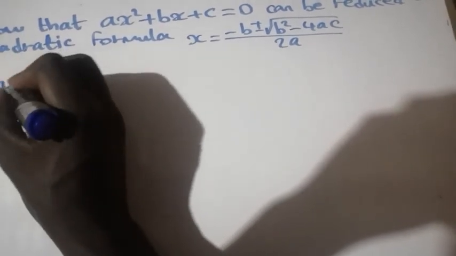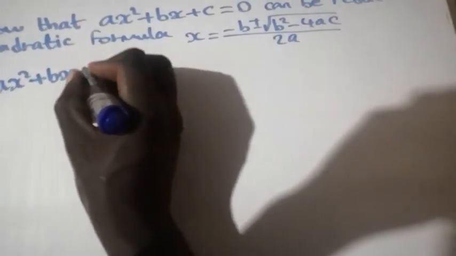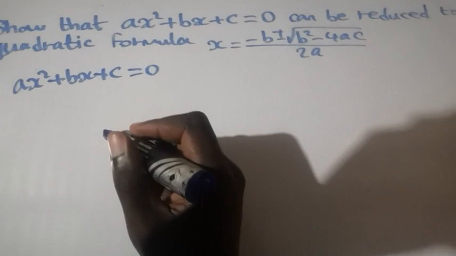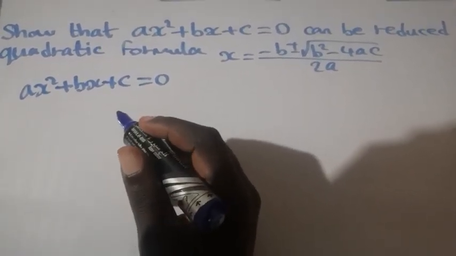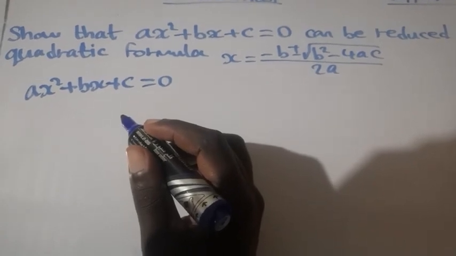So we have ax squared plus bx plus c equal to 0. Now they want us to find the quadratic formula using the quadratic equation.